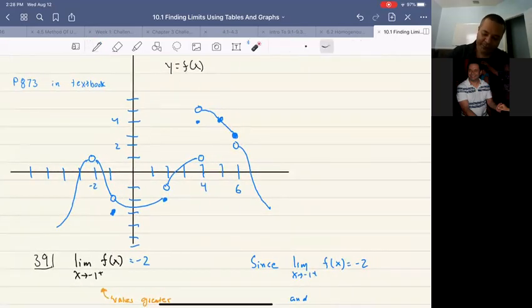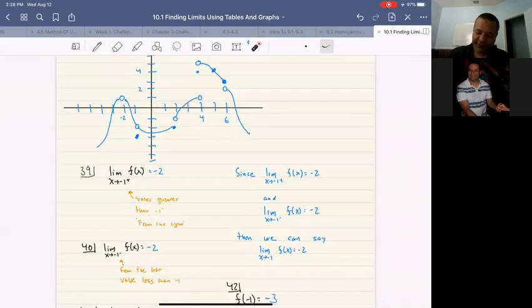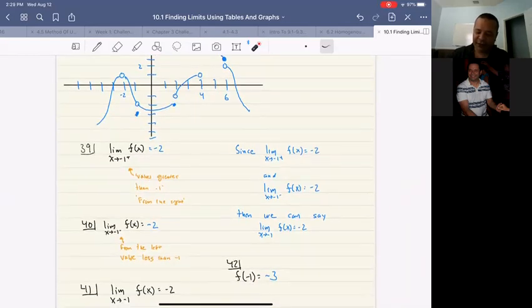The value of the function is indicated by this solid dot. Here, it doesn't have the value there. It's instead indicated by that solid dot value. So while the limit exists and equals -2, the actual value of the function here is -3.